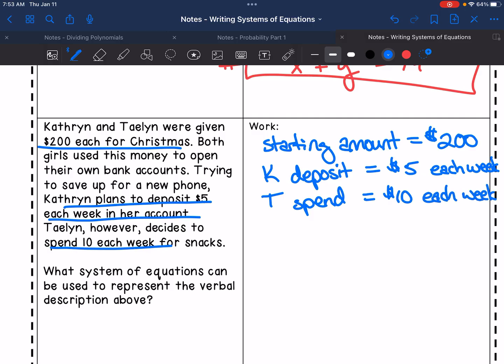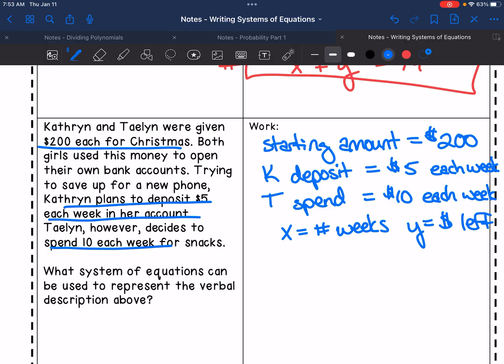One thing I don't know is how many weeks we're doing this, so we're going to say that X is our number of weeks. And then we don't know how much money they're going to have left after that number of weeks, so we're going to say Y is the money left for each of the girls.